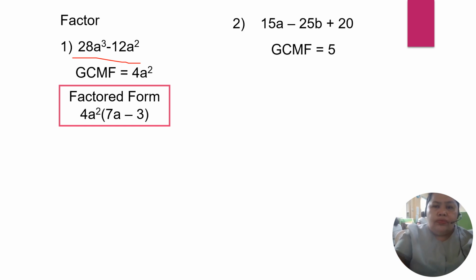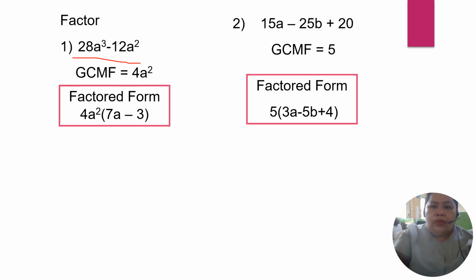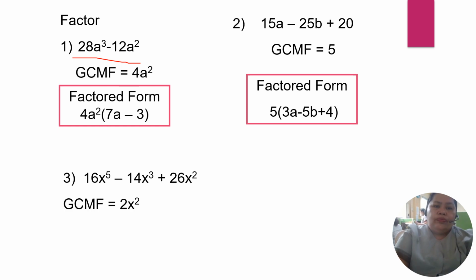Then this one, the GCMF is 5. So 15a divided by 5 is equal to 3a, minus 5. Okay, so we got here 16x to the fifth power minus 14x cubed plus 26x squared.